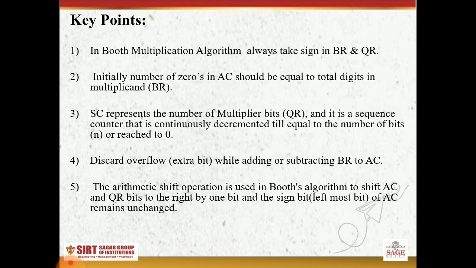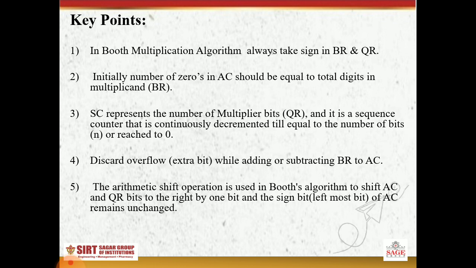Next point, SC represents the number of multiplier bits in QR, and it is a sequence counter that is continuously decremented till it reaches 0, having started at the number of bits n.